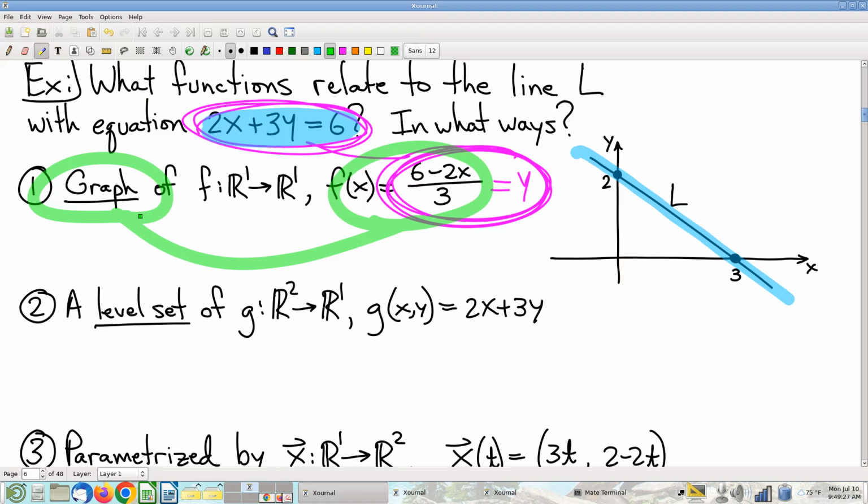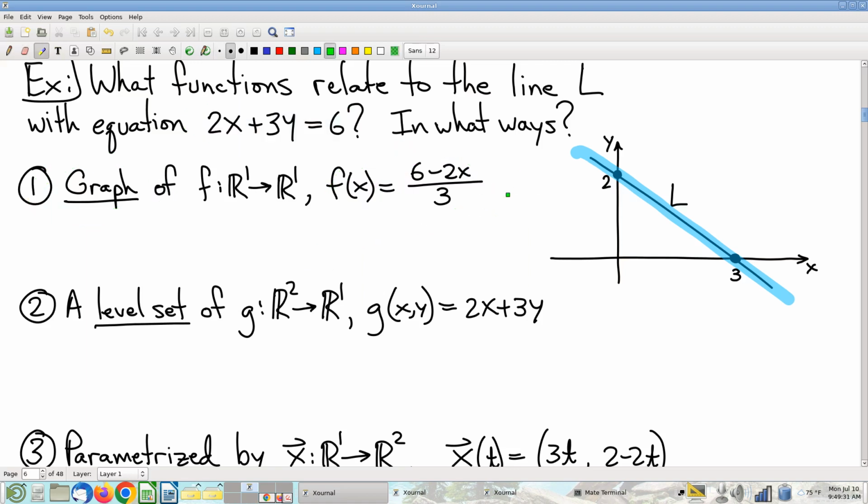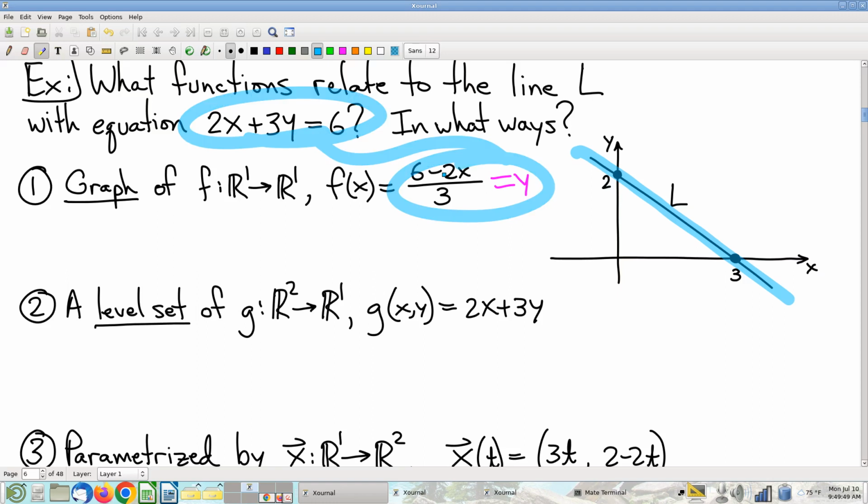Now, real quick, if you want to know how would I identify this function, I kind of pulled a fast one here: I just wrote down the function, pulled it out of thin air, and then justified after the fact that this is the right function. How would you identify it? Notice that all I really had to do, once I made the observation that this equation and this equation are the same equation, is see that what characterizes this as a graph is that some function is equal to y.